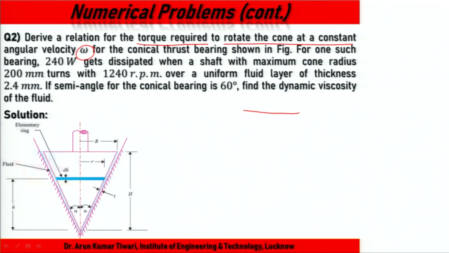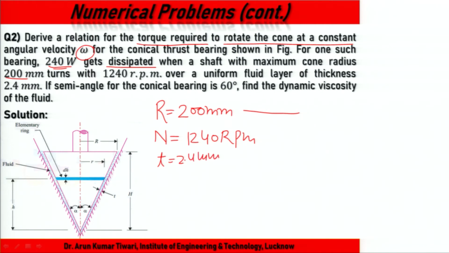And 240 watts of power gets dissipated when the shaft, with maximum cone radius R equal to 200 mm, rotates at an angular speed of 1240 RPM. The oil film thickness t is 2.4 mm.